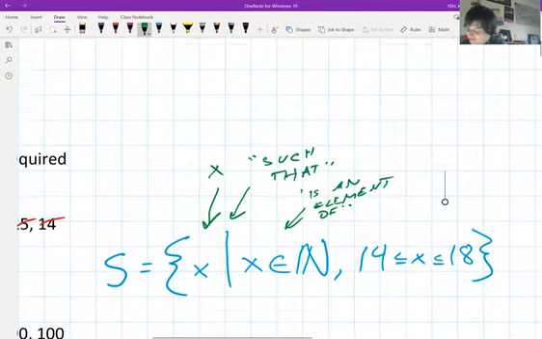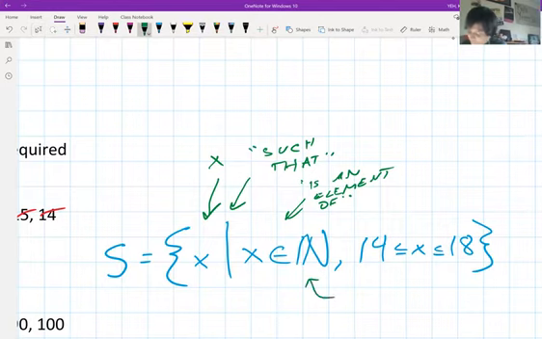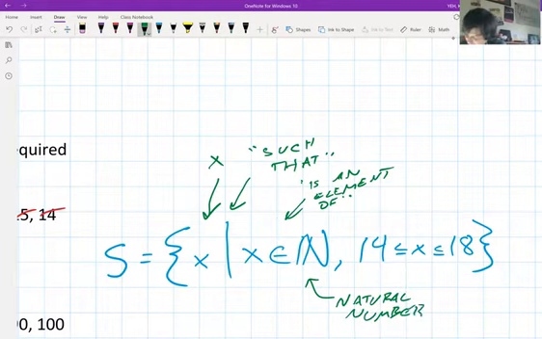This double-stemmed N is the shorthand way of writing natural numbers. And if you haven't seen what natural numbers are, all of our positive integers, 1, 2, 3, 4, 5, 6, and it goes on and on and on. And so that double-stemmed N means all the natural numbers.